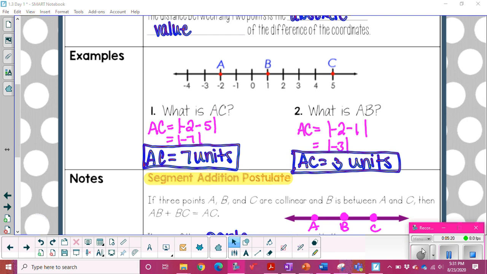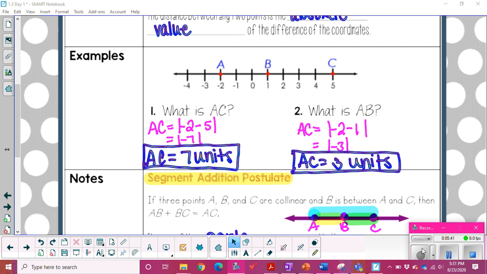So A, B, and C are collinear, meaning they lie on the same line. We know that this segment right here, AB, plus this segment right here, BC, is going to be equal to the length of the whole thing.